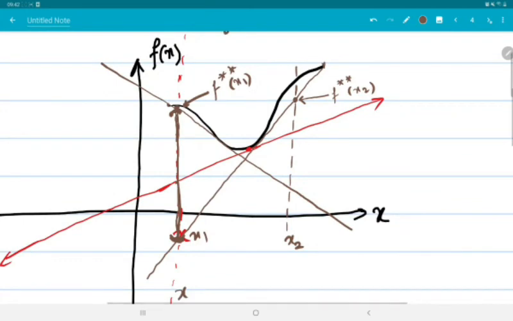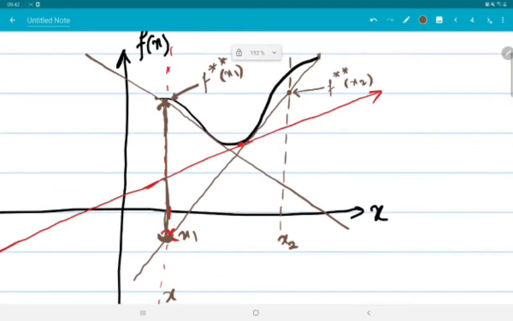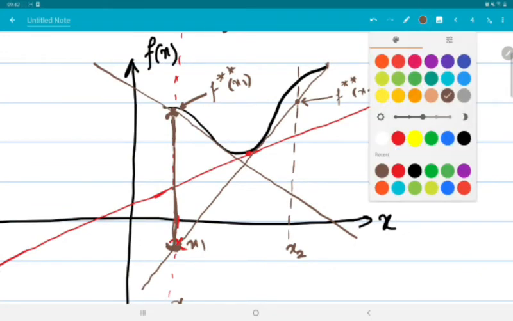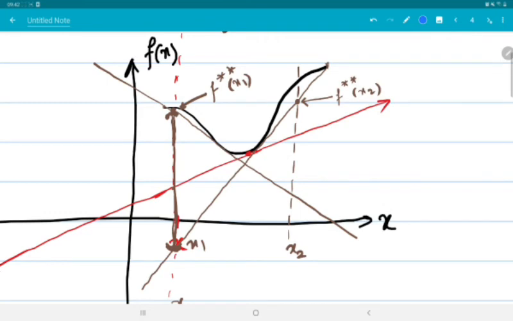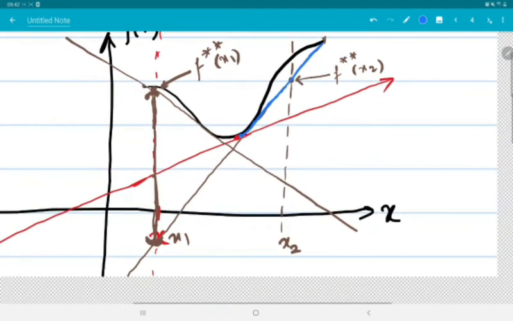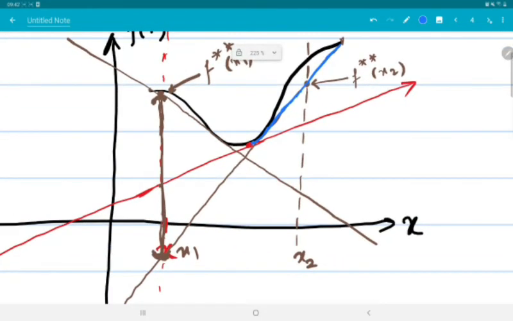So what we see is that this brown enclosure, if I try to draw it with another color, this is my double conjugate. This structure will come like this, and this is a convex region, right?